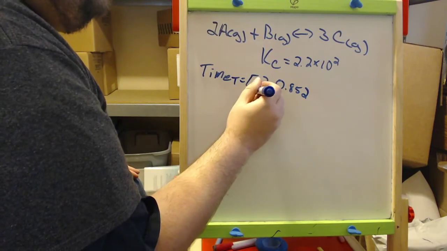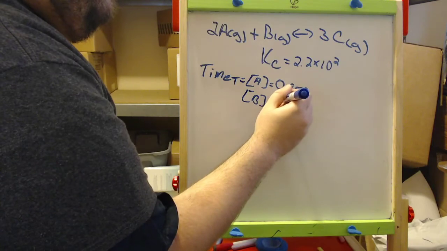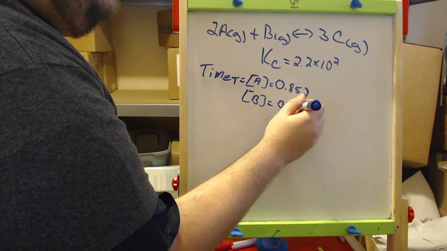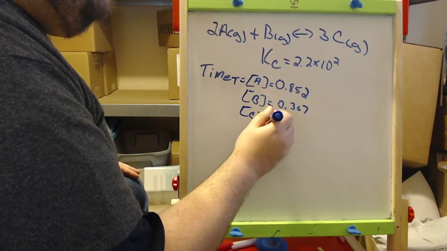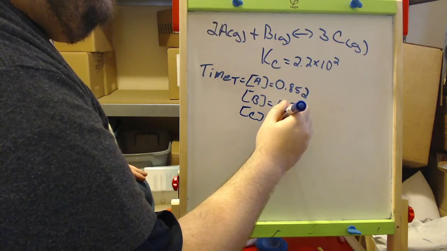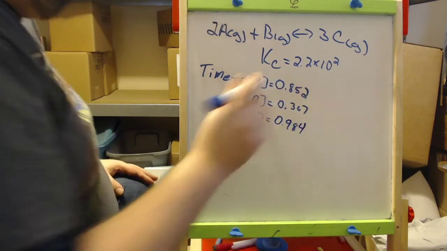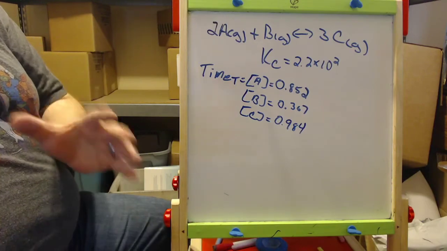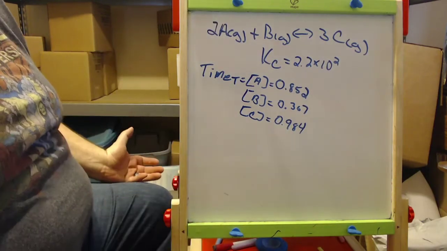The concentration of B is equal to 0.367. And the concentration of C is equal to, I don't know, 0.984. And I want to know which direction is this reaction going, or is it at equilibrium? So am I at equilibrium?